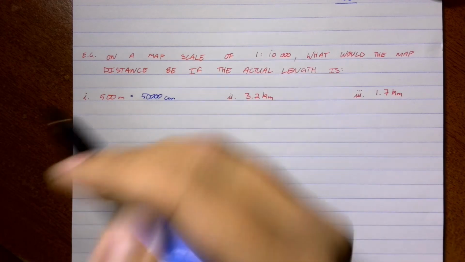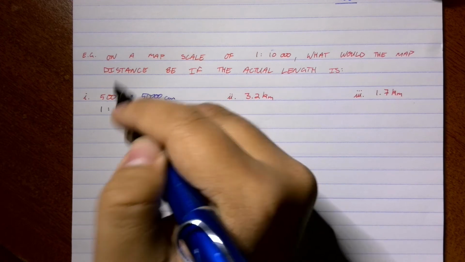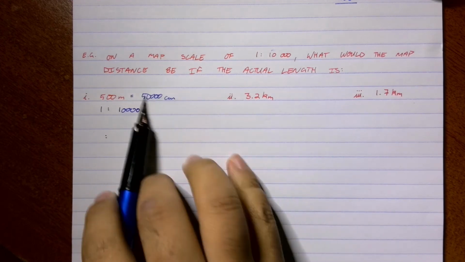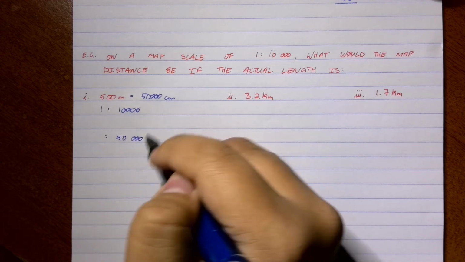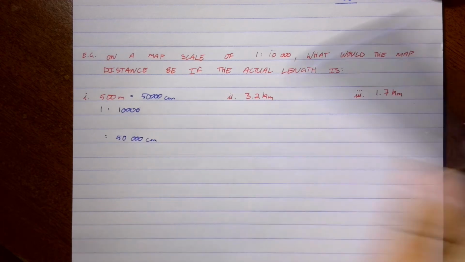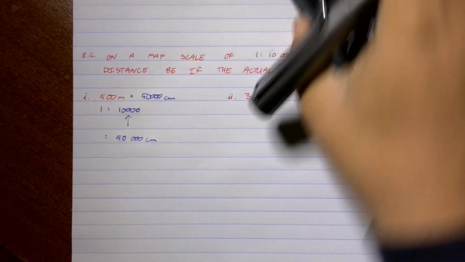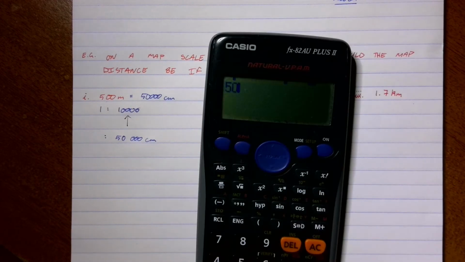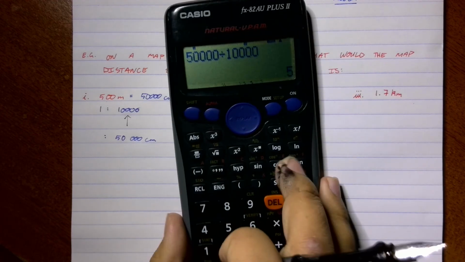So now we write in our scale. 1 is to 10,000. Underneath, we'll write down our given value. This is 50,000. How does 50,000 become 10,000? So 50,000 divided by 10,000 is 5.